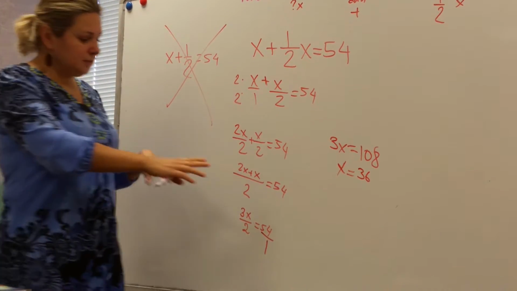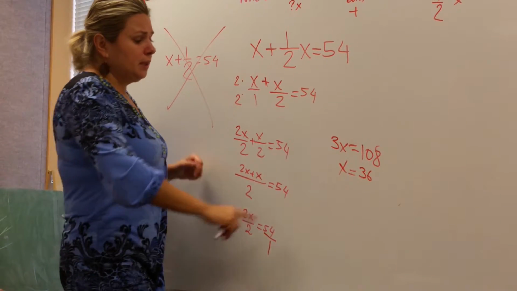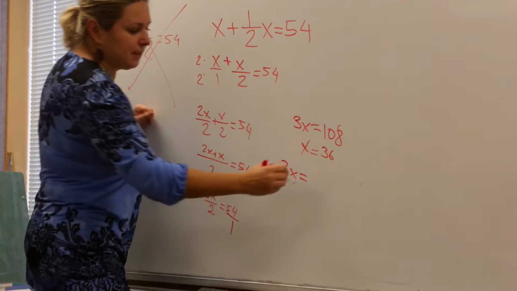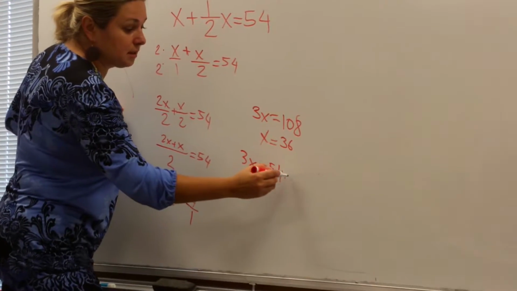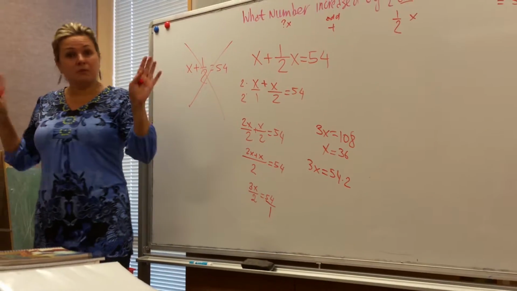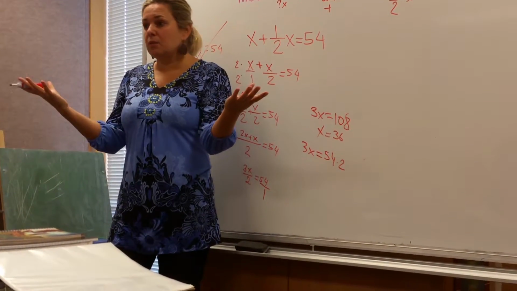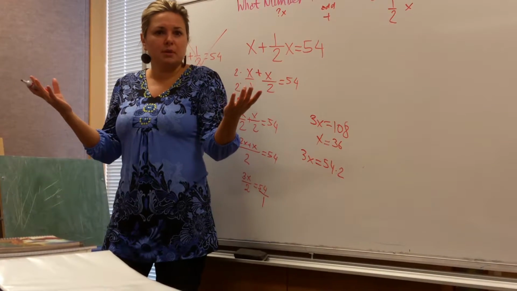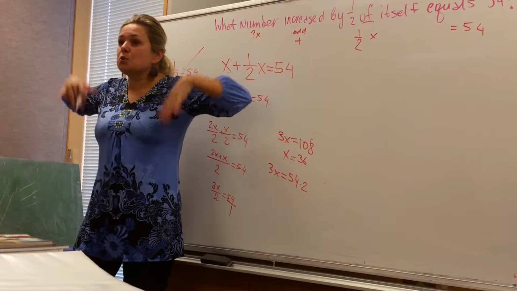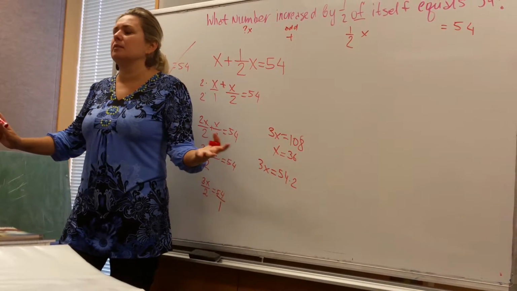Can we pause here for a second? Keep rolling, Nadine. So if you have 3x equals 54 multiplied by 2, right? Are you there with me? Remember, when we have an equation, if I multiply both sides of the equation by a number, I'm just increasing it. I'm correct. Nothing changes. If I reduce both sides of the equation by the same number, I'm also fine, right?